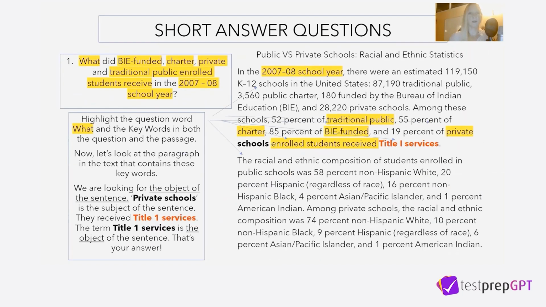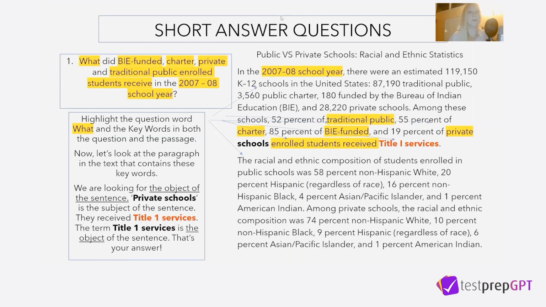So let's read through. In the 2007-2008 school year, there were an estimated 119,150 K-12 schools in the United States. 87,190 traditional public, 3,560 public charter, 180 funded by the Bureau of Indian Education, BIE, and 82,220 private schools.